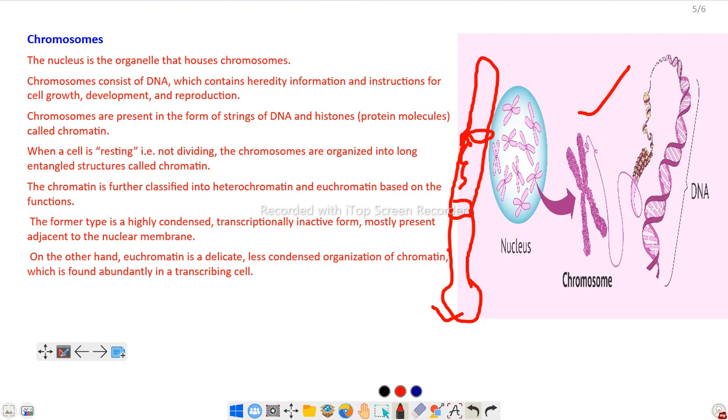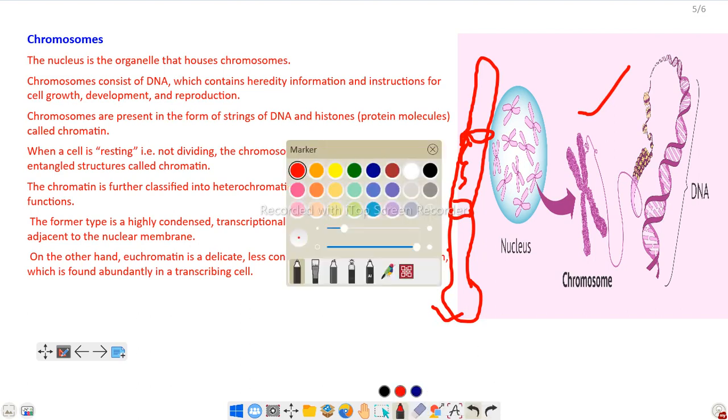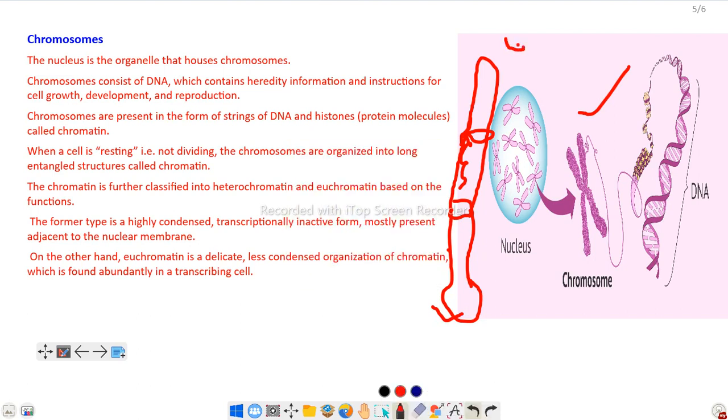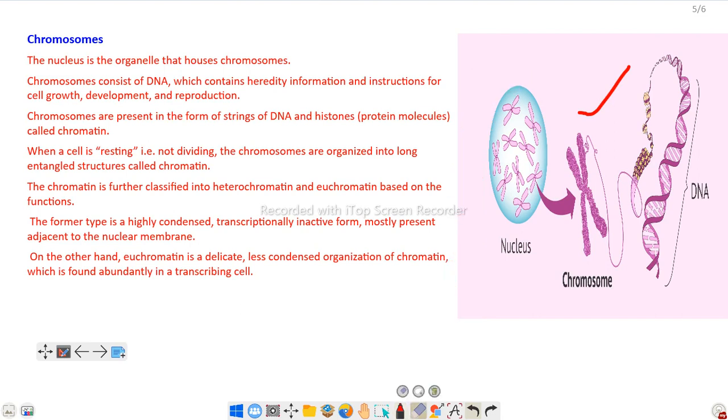Inside this chromosome, chromatins are arranged like this, coil-like, a spring-like structure inside the chromosome.